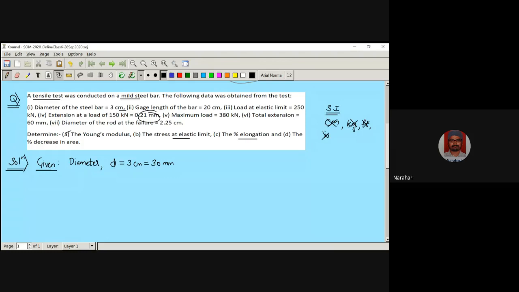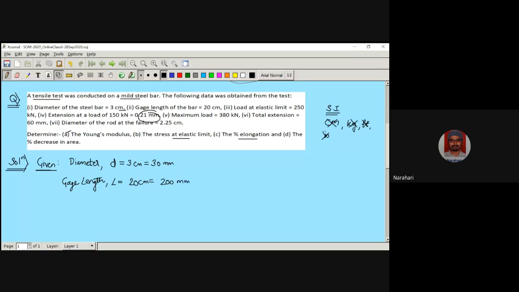So you have D equals 30 mm. Then they have given the gauge length. So gauge length is 20 centimeters, which means it is 200 mm.